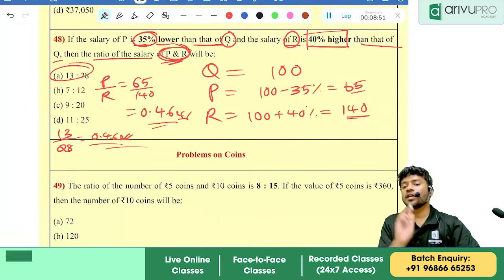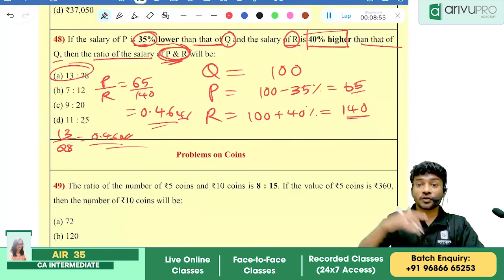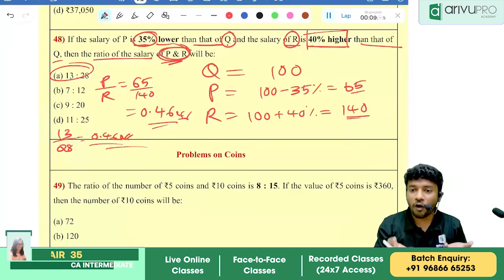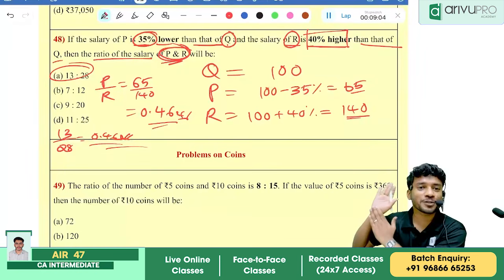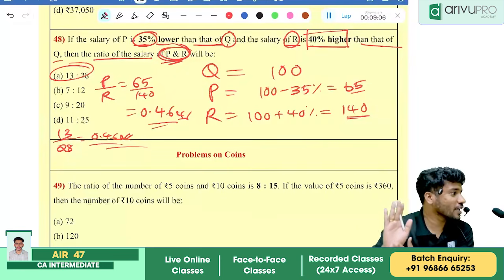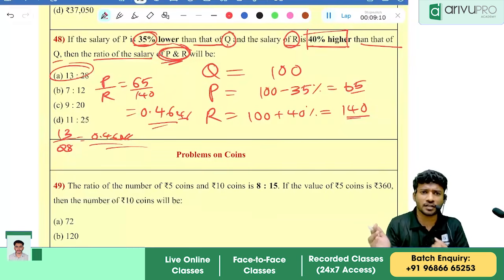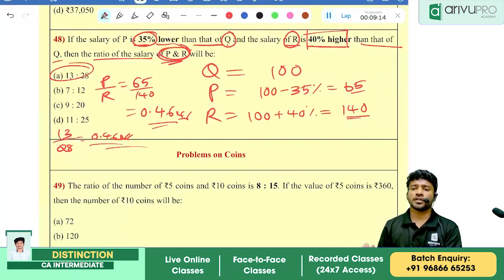Yes, so B. If you are not good with fractions or taking common factors out and cancelling, we will use options and the calculator. Always use the calculator. I know many people don't know how to find the common factor and all. Don't think about that thing. We will use the calculator.